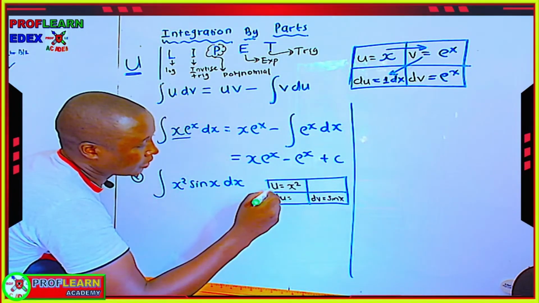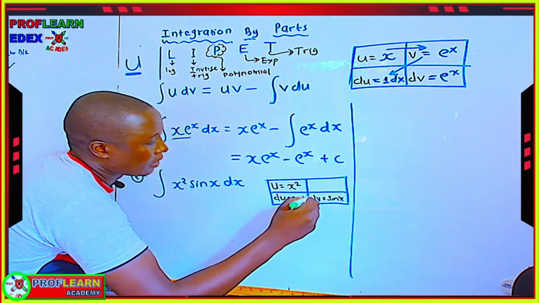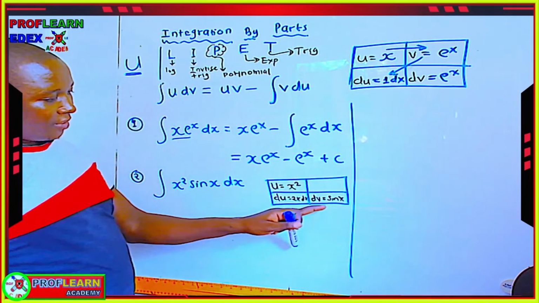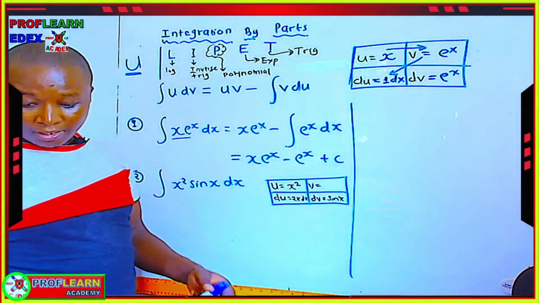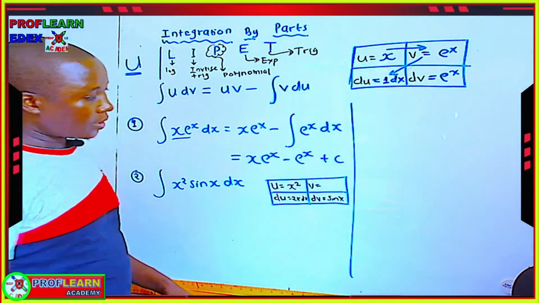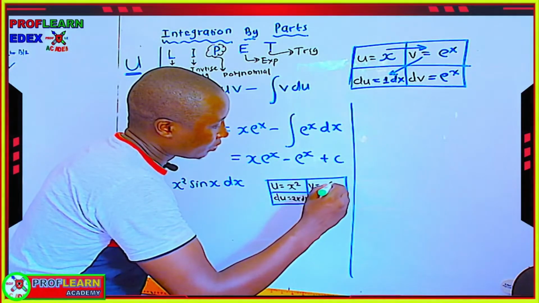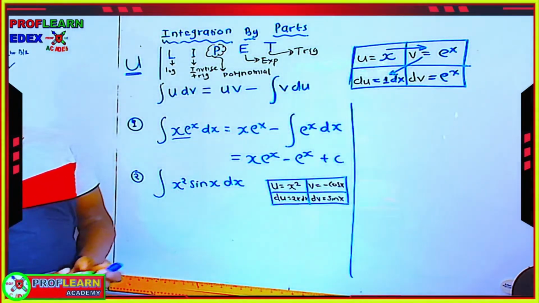Differentiating this, du is going to be 2x dx. Because here we are having dv, we shall be going to v, we are going to integrate that. If you integrate this, what are you going to get? You are going to get negative cos x. Yeah, negative of cos x.